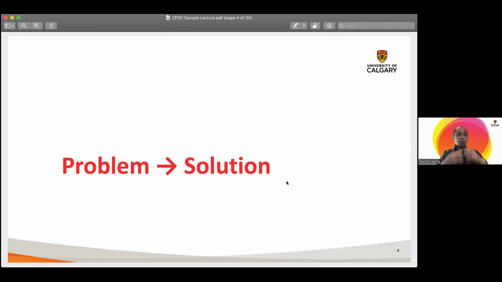So really the heart of computer science is about problem solving. It's about how we solve problems to help us do things.